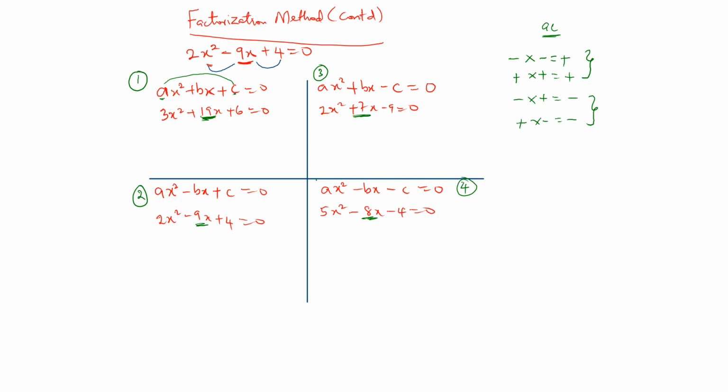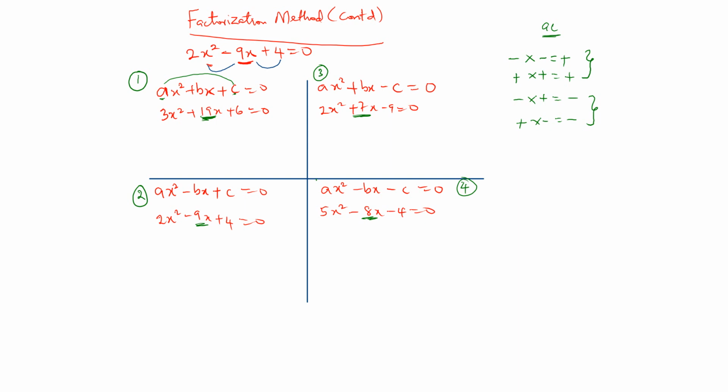So the options that we have are minus times minus or plus times plus, meaning that the two numbers we are going to split into are either plus and plus, or minus and minus.